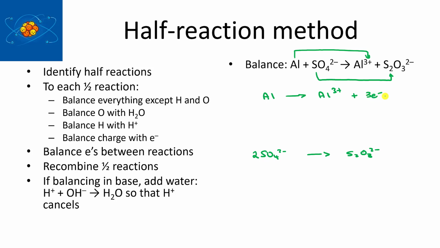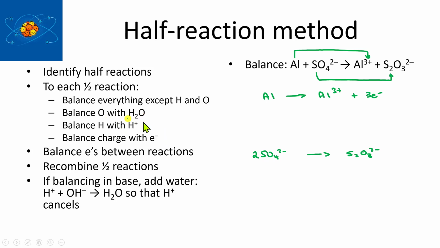Okay. Now, with the sulfate to thiosulfate, now that I have the sulfurs balanced, we're going to go through this process of adding oxygens by adding H2O. Now you'll notice I have 8 here and I have 3 here, so that means I'd have to add 5 on this side. And then we do the hydrogens. And I hope you can see the logic in the process.